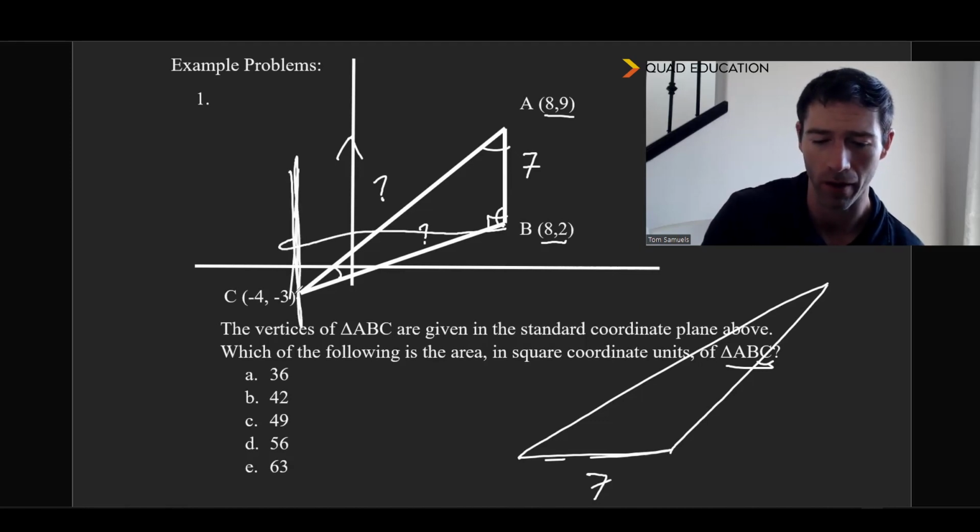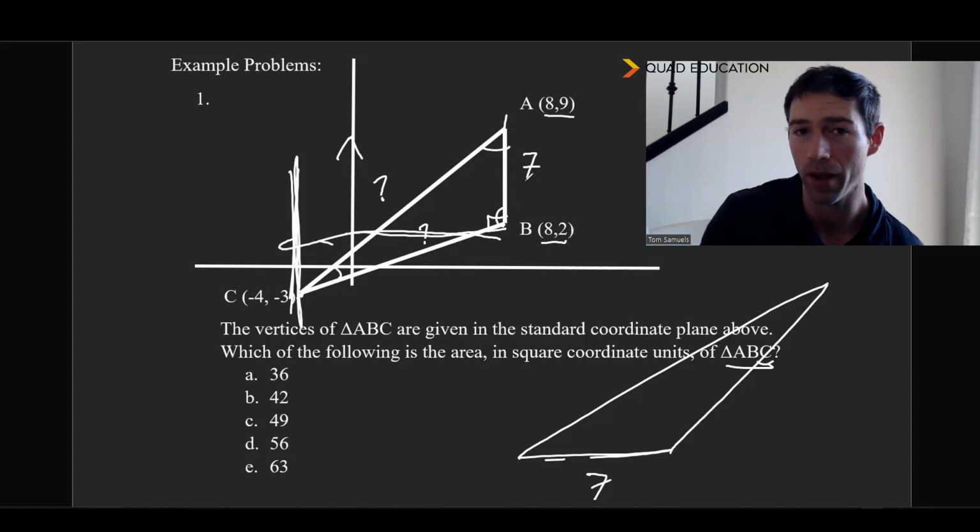So that's to say the line parallel to the endpoint of point C must be perpendicular to the line parallel to A and B, which is to say the distance from this x value to this x value is going to be our height. And 8 minus -4 is 12.